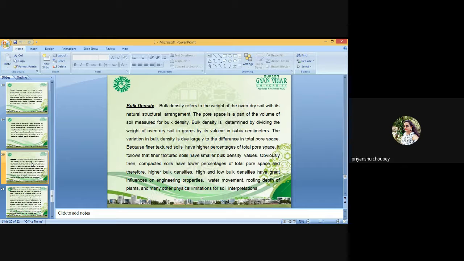So theta g is equal to Mw, the mass of water, upon Ms, the mass of oven dried soil, into 100.